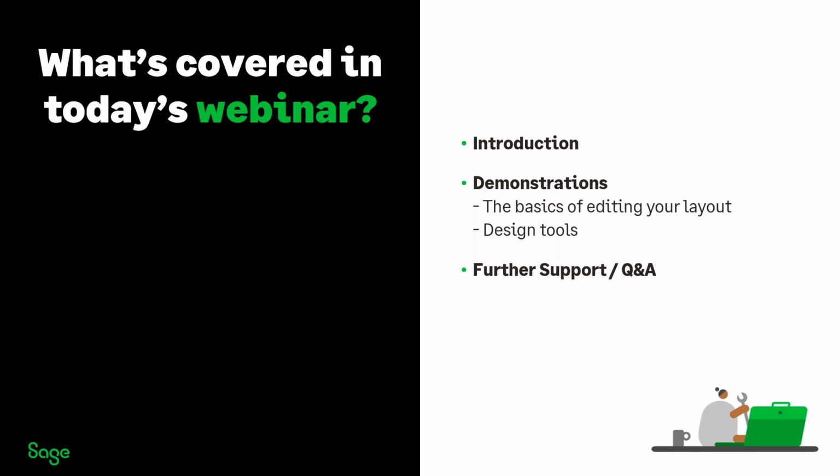Maybe you want to include them on a quotation or a sales order, that type of thing. So we'll be looking at the basics of editing your layout and the basic design tools you have available to help you add those banking details onto your layout. At the end, we'll explain more about the additional support, and then if there are any outstanding questions, we'll try and pick those up as well.